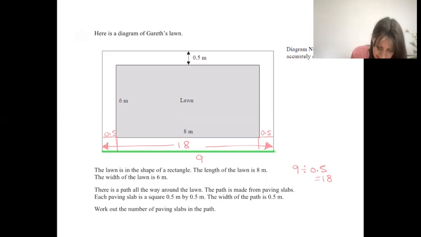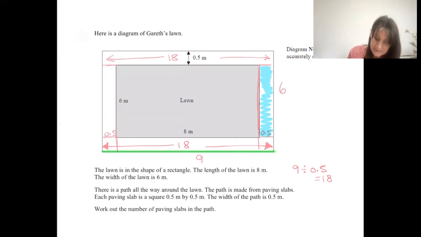So if I do the same at the top, then I know I've got 18 again going all the way through. And the reason that you want to do this is because you don't want to accidentally add in any extras by recounting them.